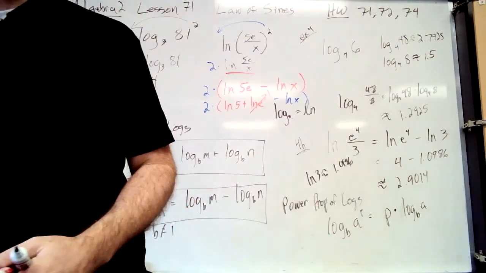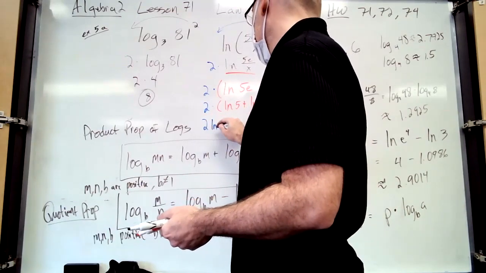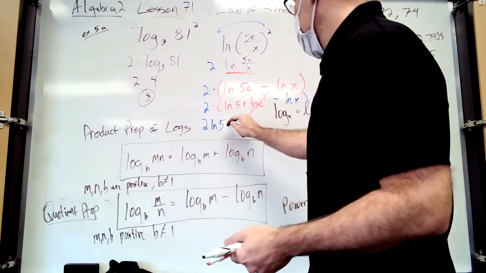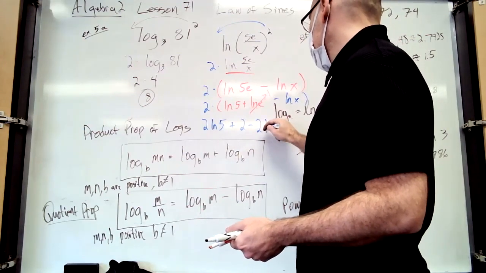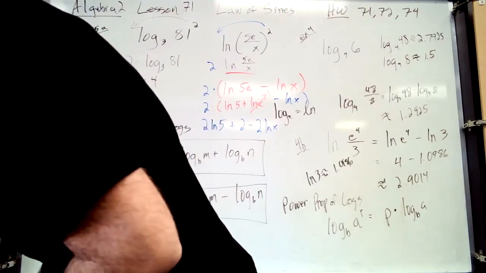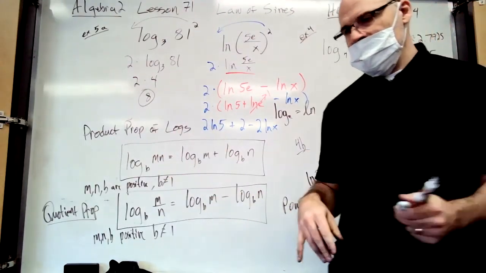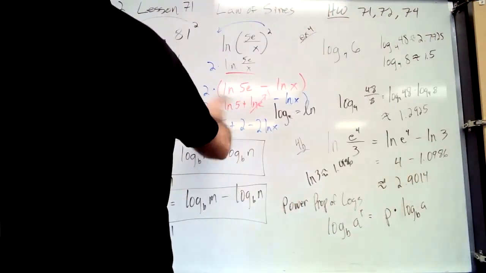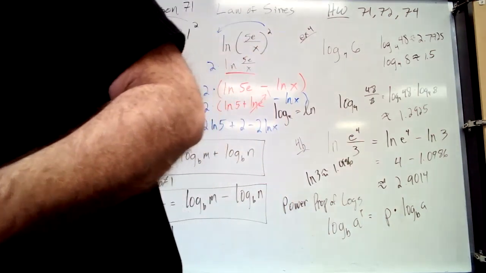Okay, so when you distribute all that out, you get 2 times natural log of 5 plus 2 times 1 is 2, minus 2 times natural log of x. Wow. Okay, that's crazy. Yes. But that's as complicated as it's going to get. So make sure you look at that example one more time.